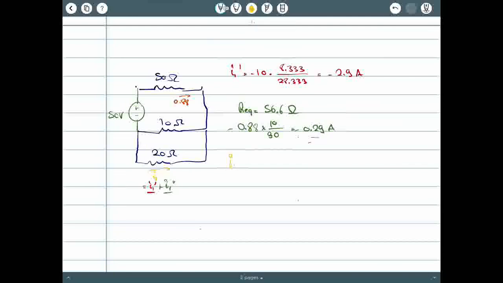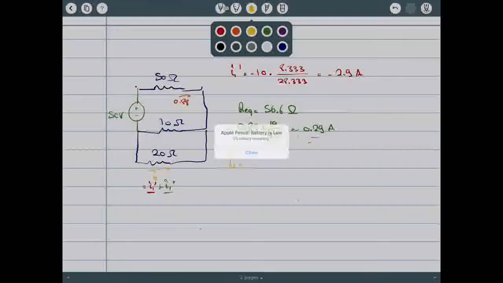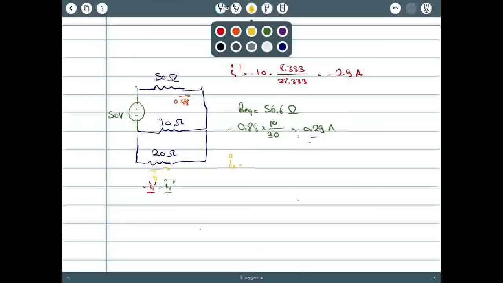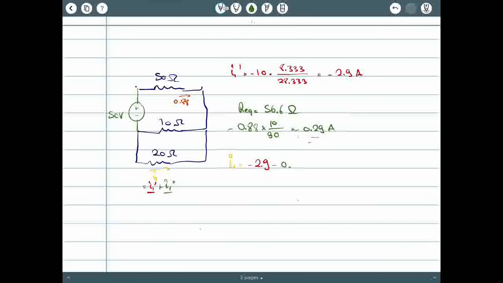So I1 is equal to I1 prime, which is minus 2.9, plus I1 double prime, which is minus 0.29, and that is equal to minus 3.19.